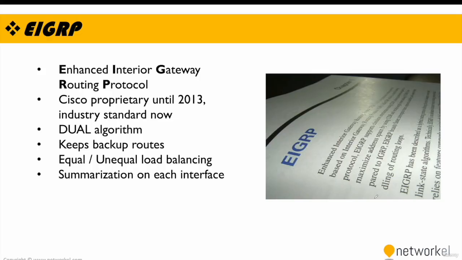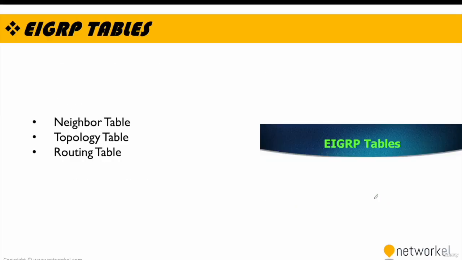It was a Cisco proprietary protocol until 2013, but it is an industry standard now. EIGRP uses the DUAL algorithm to find the best path and to do equal as well as unequal load balancing, and it can provide summarization for each router and each interface.